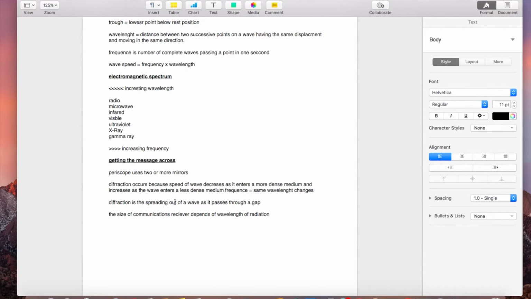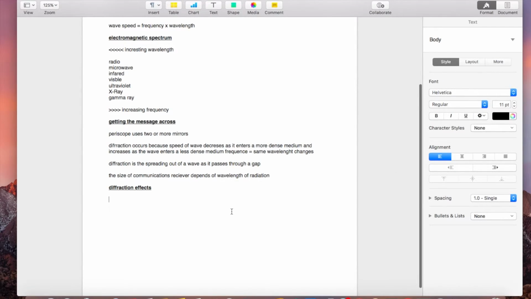Diffraction effects. The amount of diffraction depends on the size of the gap.